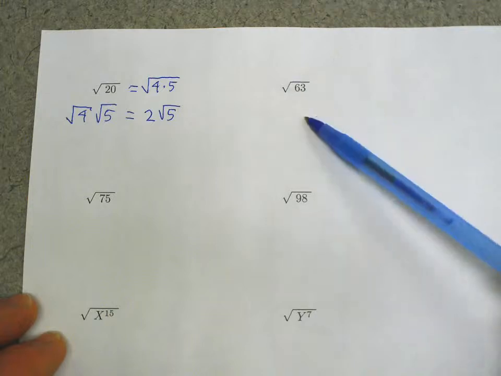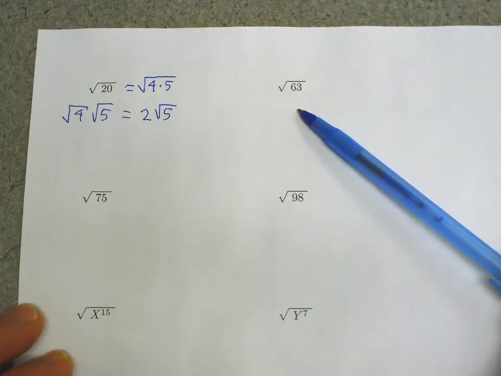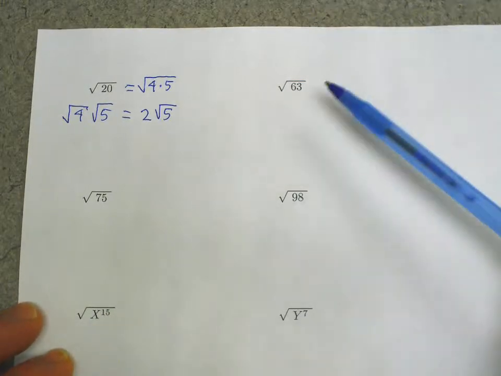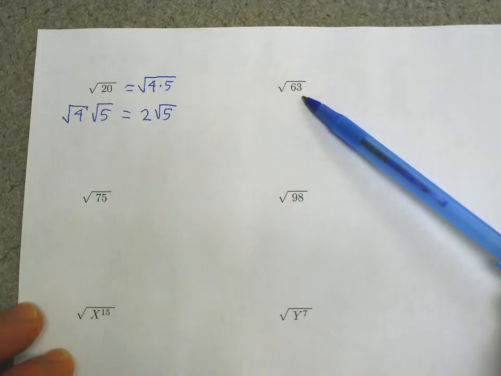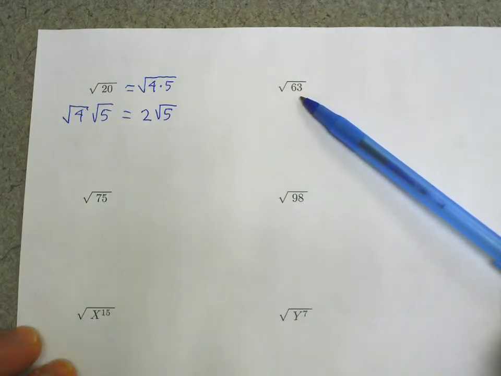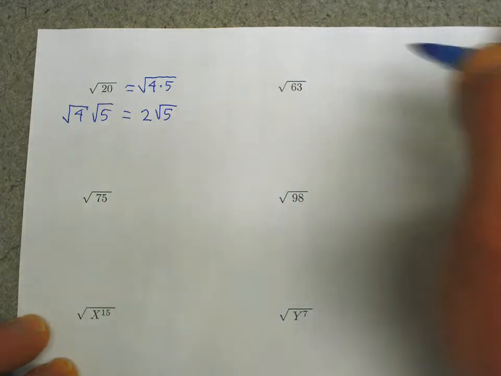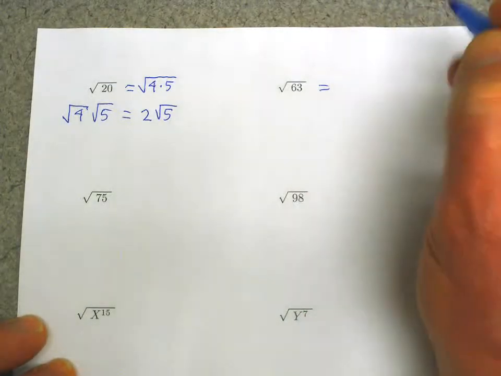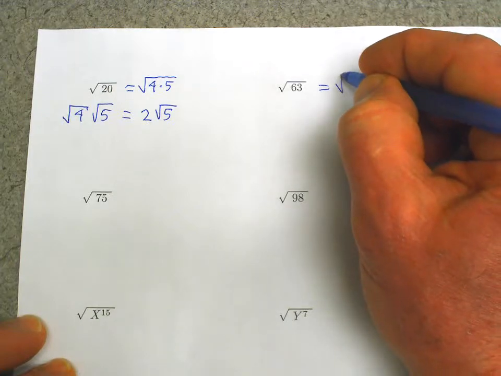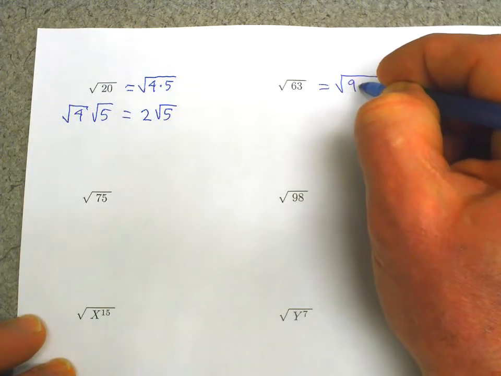Okay, in the next example, simplify the square root of 63. 63 is not a perfect square. The largest factor of 63 that is a perfect square is 9. 9 times 7 is 63. So we will rewrite the square root of 63 as the square root of 9 times 7.